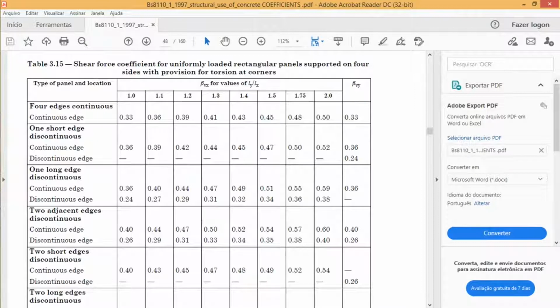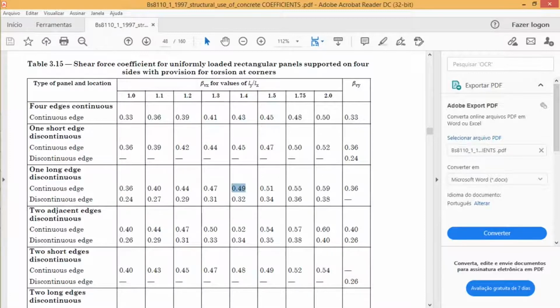Shear force coefficients. These coefficients, one long is continuous. So, and for 1.4, one long will be these coefficients, 0.49, 0.32, and here the other 0.36.